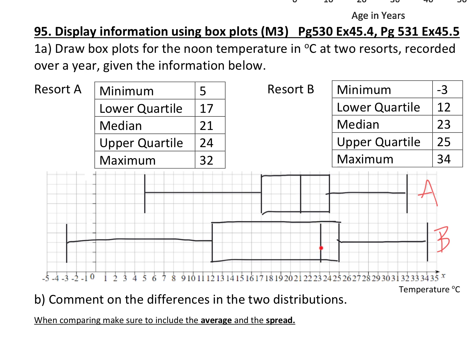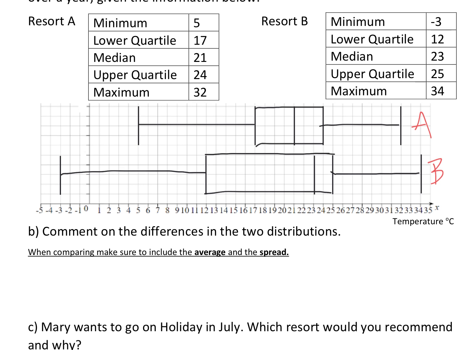So first thing I'd be saying is that A has a higher median than B. And then what does that mean? What can we conclude, or what can we interpret from that? Well, it's about noon temperature at 2 resorts, so you would say that B is hotter than A. Just going to write that in, and then we'll move on.